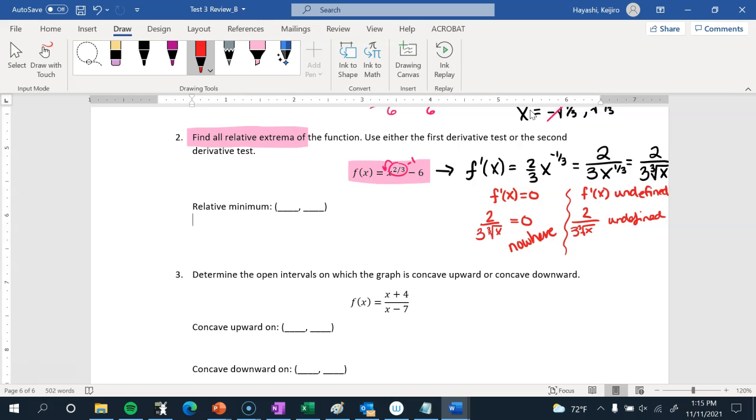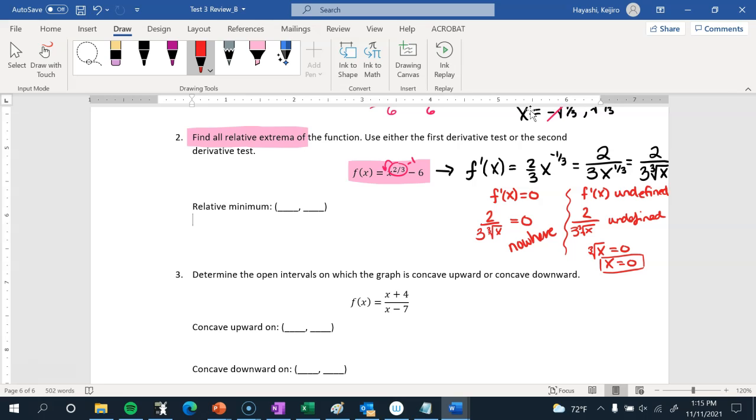And as for what makes the bottom 0, all we need to do is find out where the cube root of x equals 0, which only occurs when x equals 0. So if x equals 0, f prime is undefined, because plugging 0 into f prime gives you 2 over 0, which is an undefined expression. You can't divide by 0.